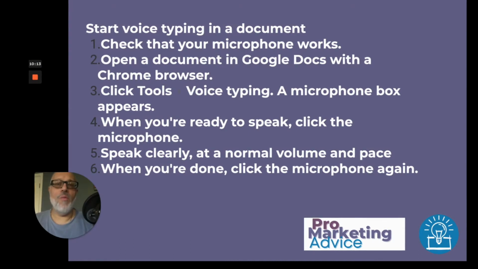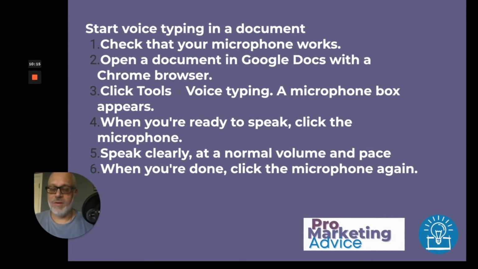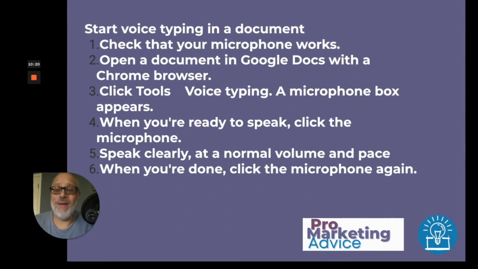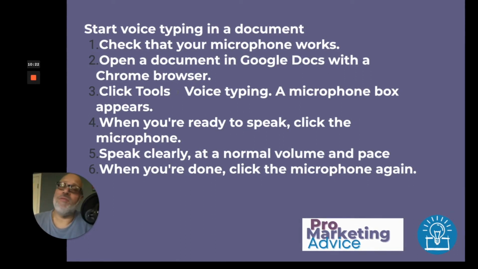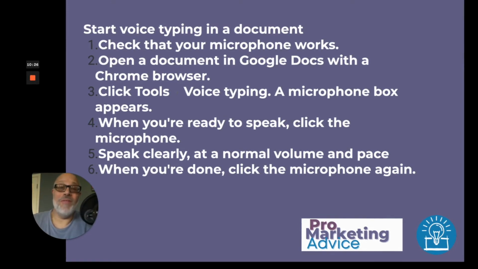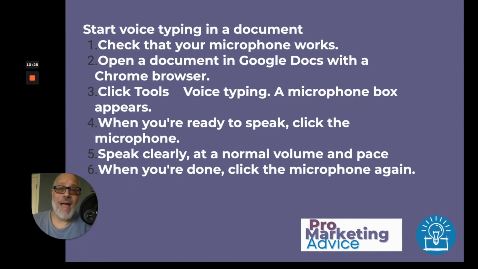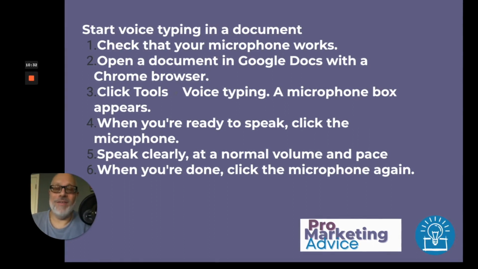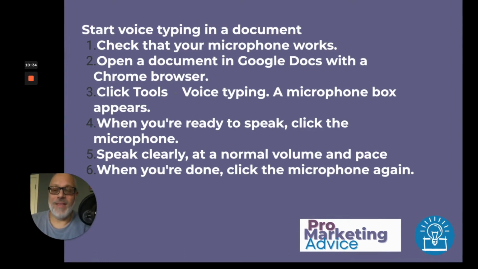Okay, what you need to do is go into Google Docs, and you do that through your Google account. If you don't have a Google account yet, it's a great thing for you to have. It's free. It's great to create something like your business name at gmail.com, and go ahead and do that. And then these are the steps. You can take a screenshot.